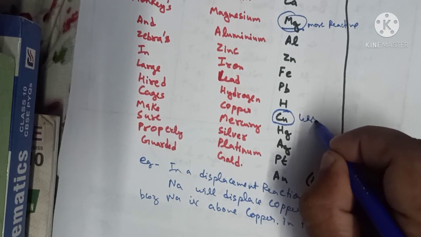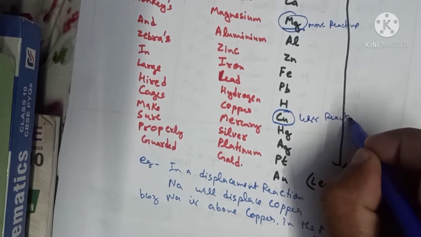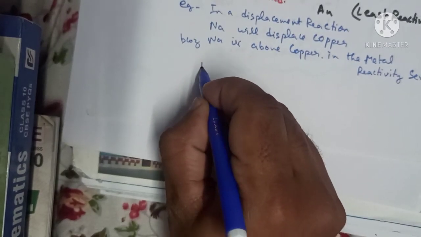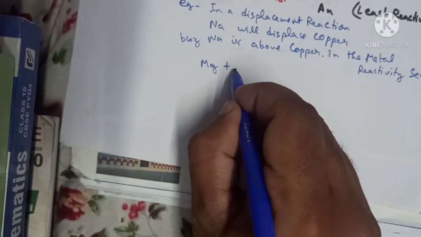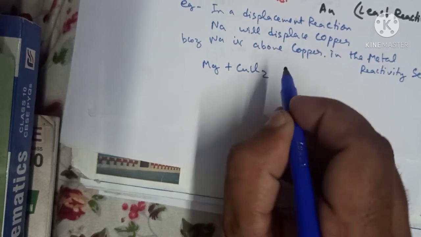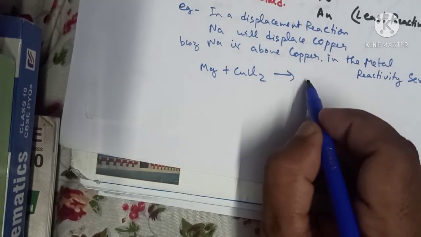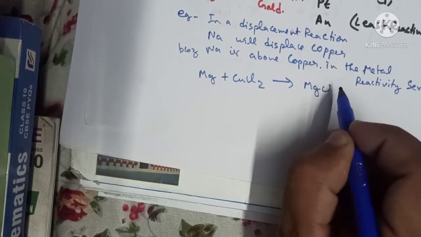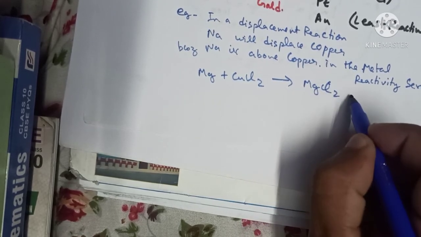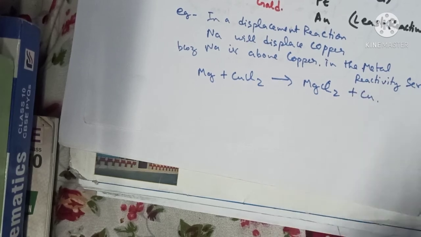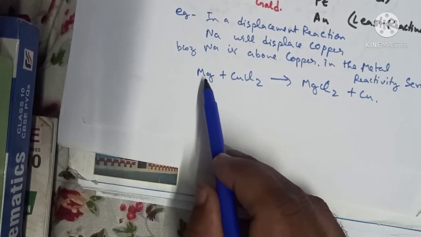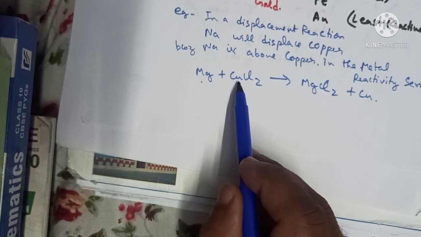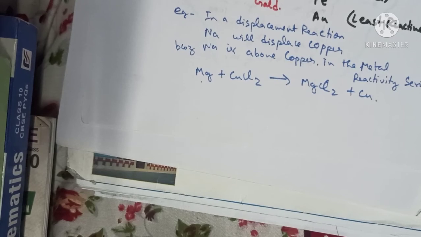If we have a reaction of magnesium plus copper chloride, magnesium will displace copper and form magnesium chloride, MgCl2, and the copper will be displaced. Since magnesium is more reactive than copper, it displaces copper.